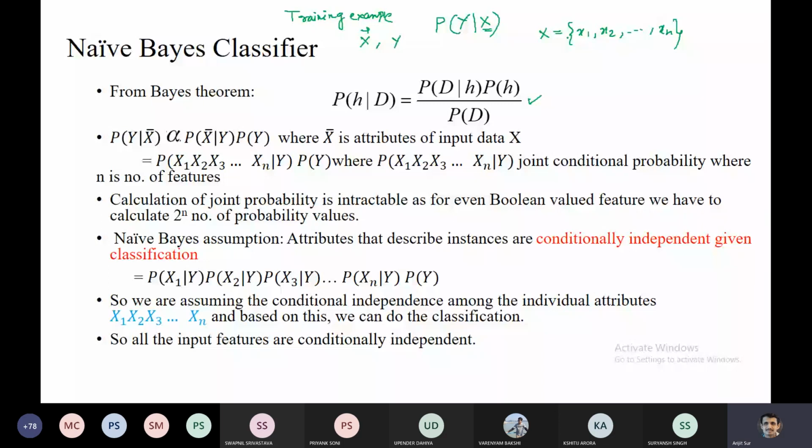Now, from our Bayes theorem, we can write it this way: P of y given x, where x is a kind of vector, is P of x bar given y, times P of y, divided by P of x bar.